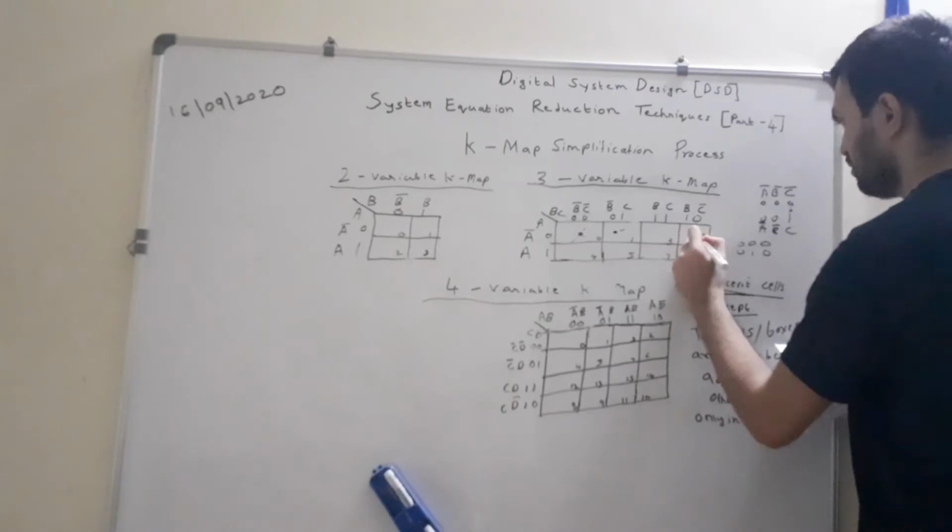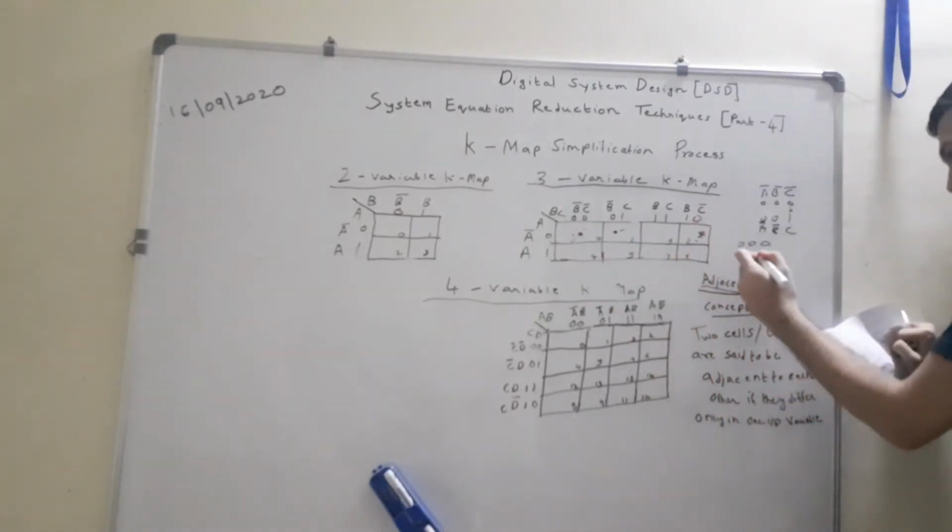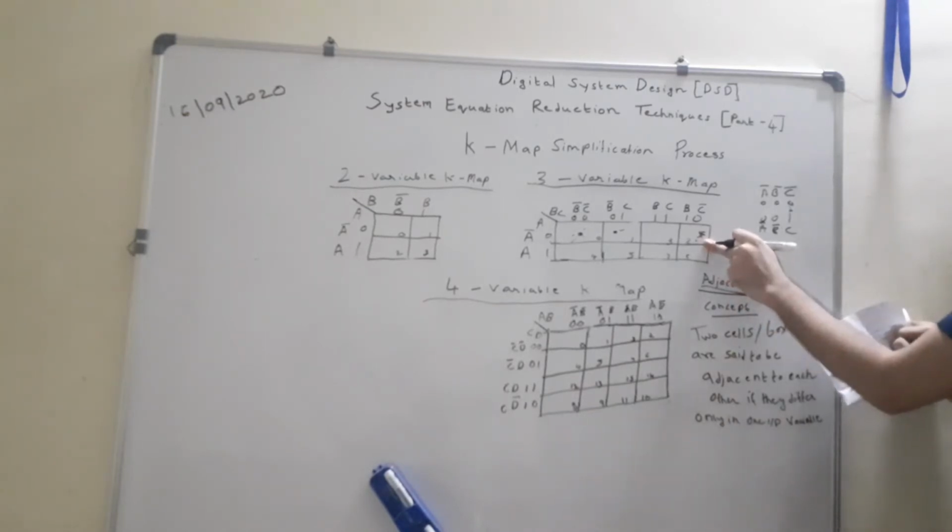So these two cells are also adjacent to each other. Why? Because only one bit changes. See, 0, 0, 0 is there. Here 0 remains as it is, and this 0 also remains as it is when you move on to this particular cell.